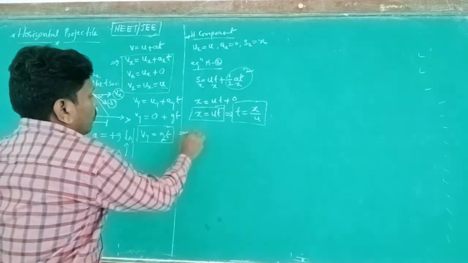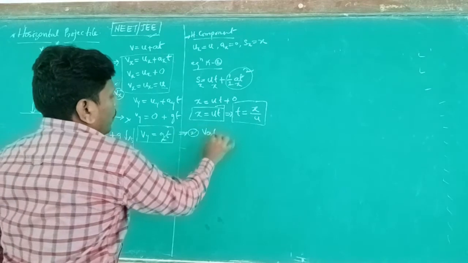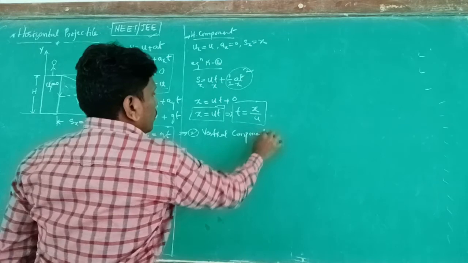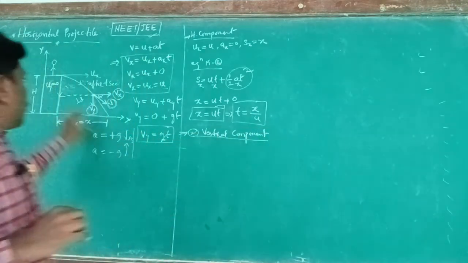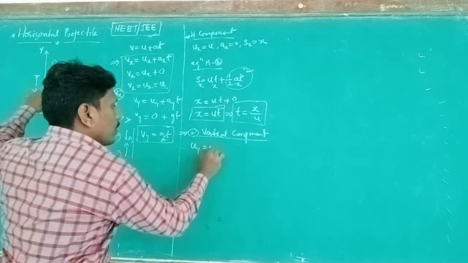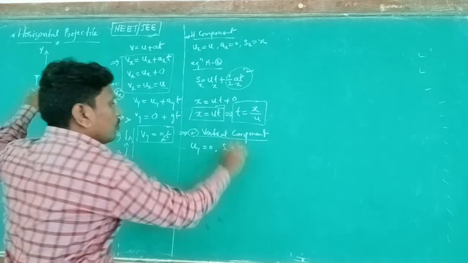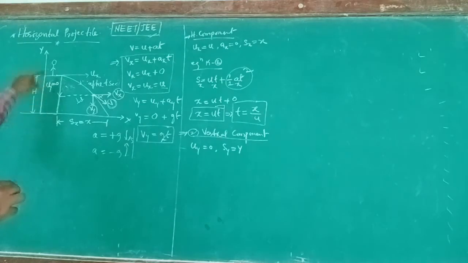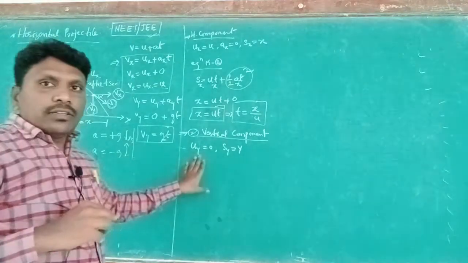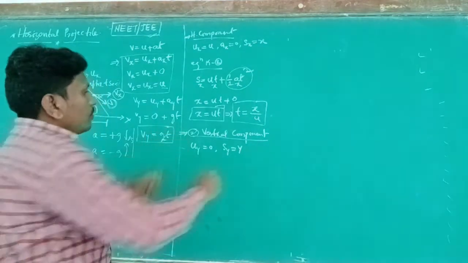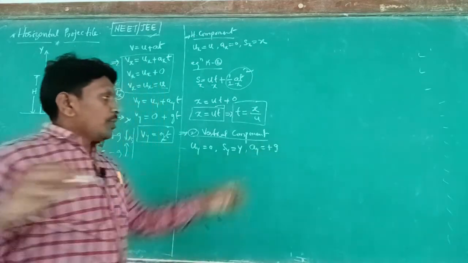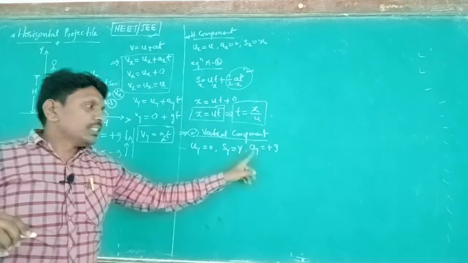Now the horizontal component is completed. Now let us see the second one, the vertical component. In the vertical component, if we observe this, uy is equal to 0, sy is equal to y, and ay is coming down, nothing but a is equal to plus g.